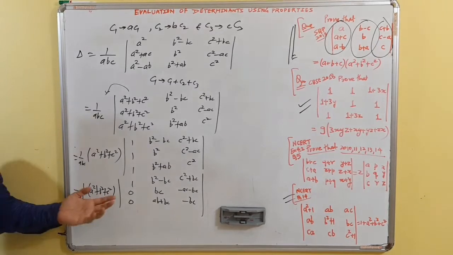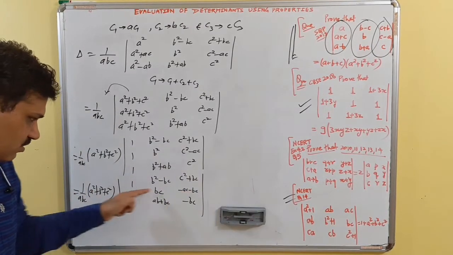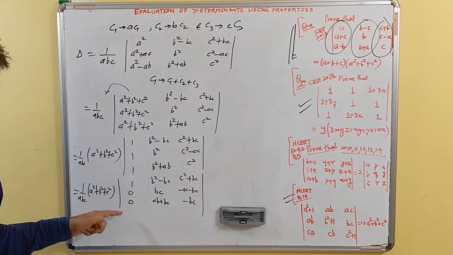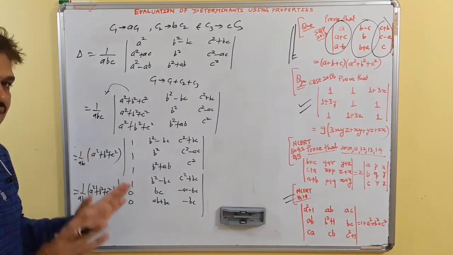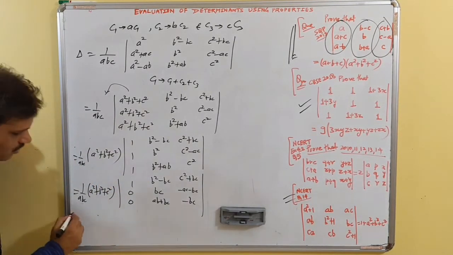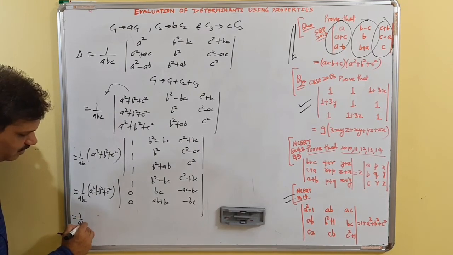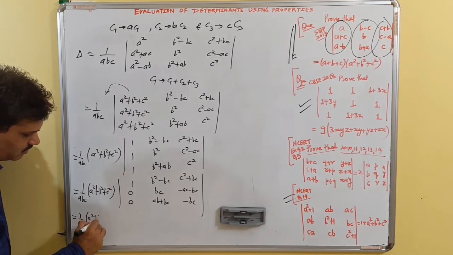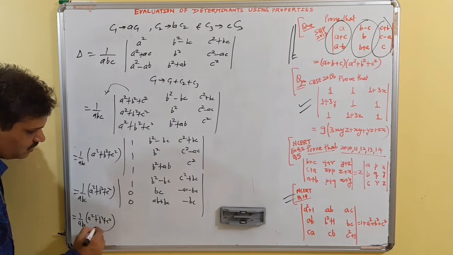Before expanding, we can take C common from this and B common from this if you wish to, and if you do not wish to, you can just expand because we have got two zeros. Now on expanding, what we get is 1 upon ABC into A square plus B square plus C square.